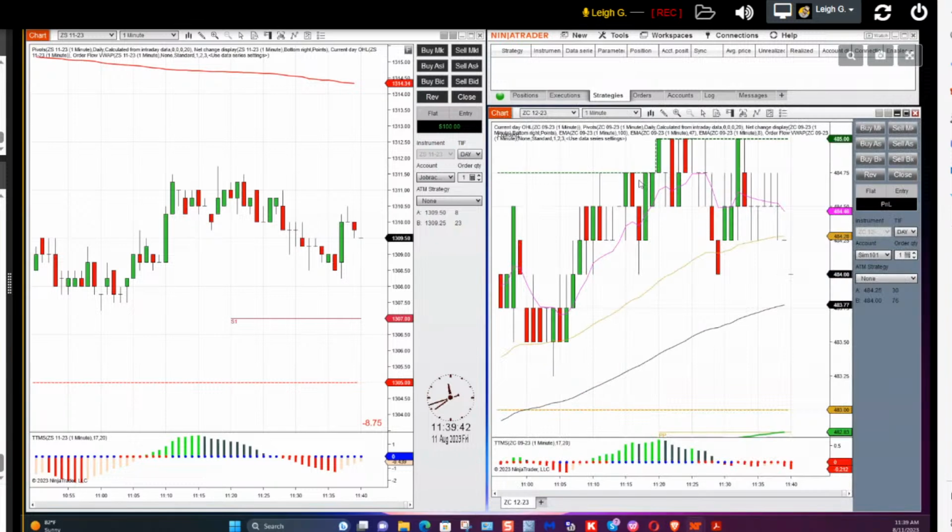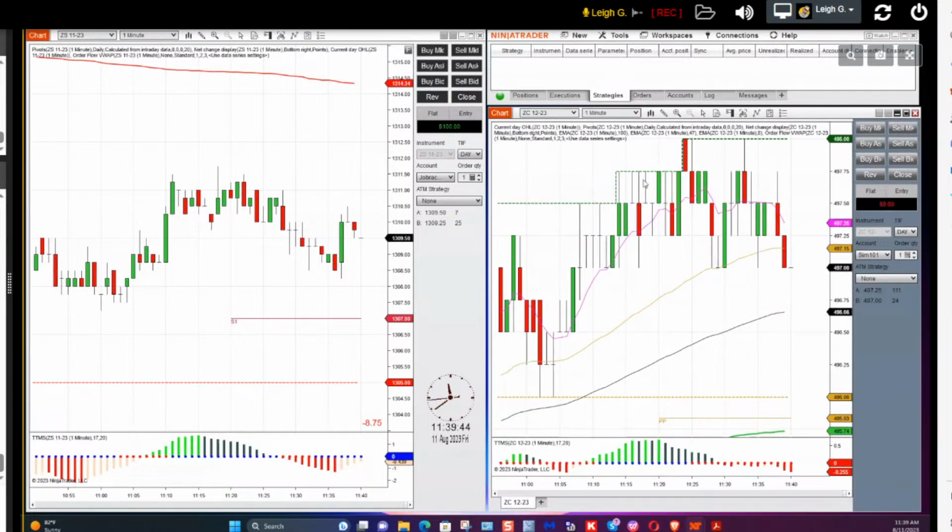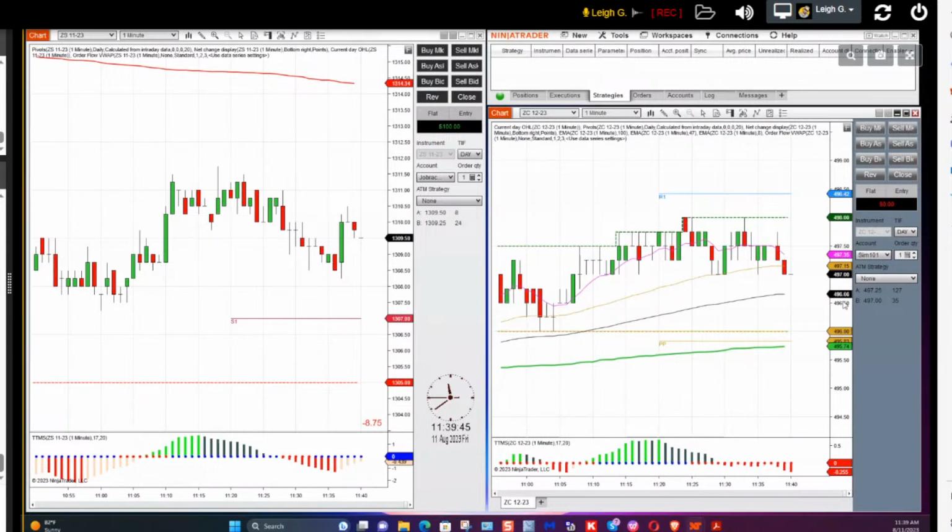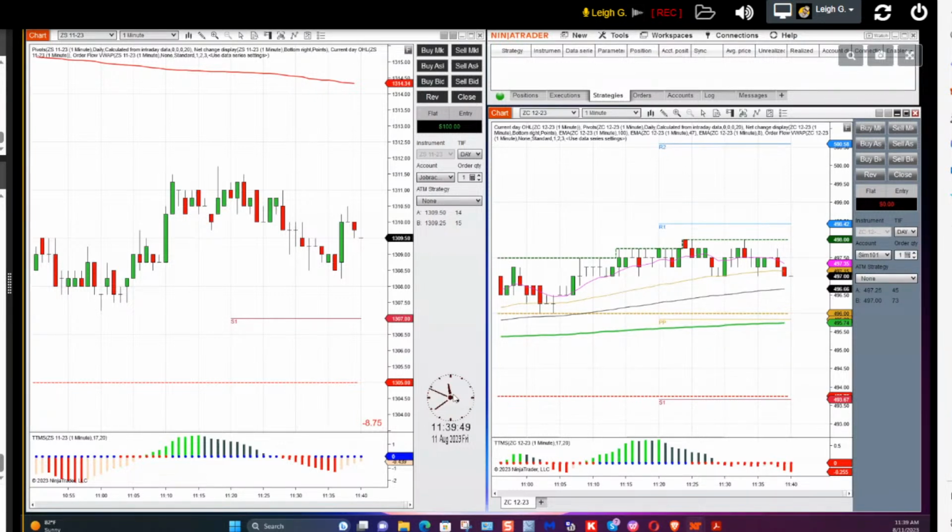Most futures act similarly. When you get an instrument that acts really strangely from other instruments, it's usually instruments that have really bad volume.